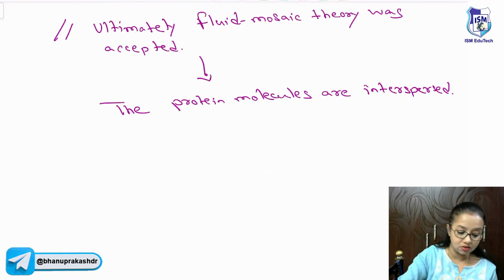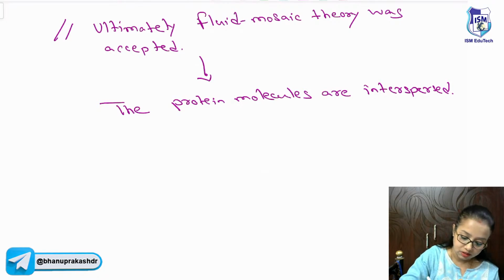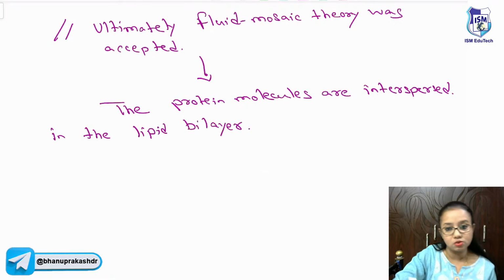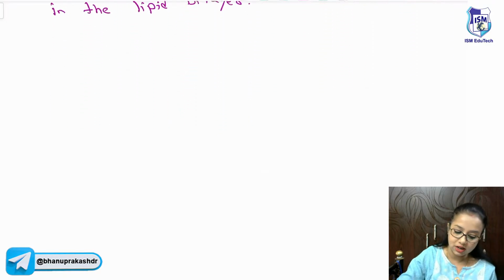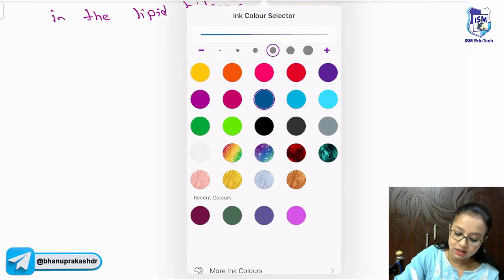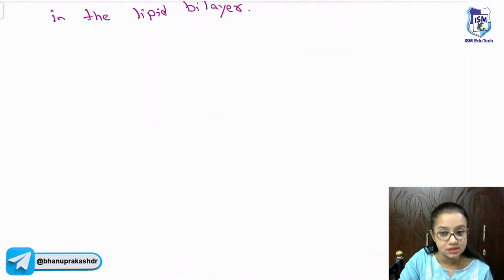You see the background is white in color, and then there is the mosaic which is interspersed here and there. So the protein molecules are interspersed in the lipid bilayer. Okay, and according to that, they have also postulated a configuration of the cell membrane.